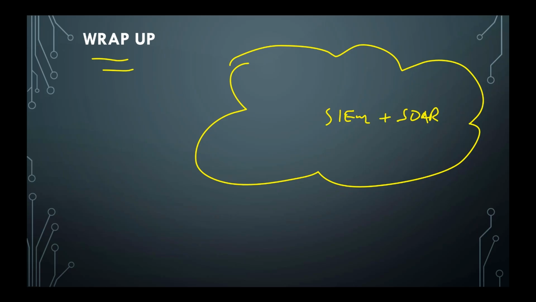Microsoft Sentinel is a powerful tool that simplifies and streamlines security operations for the SOC. By combining SIEM and SOAR capabilities, Sentinel gives security teams the tools they need to detect, investigate, and respond to incidents quickly and effectively.